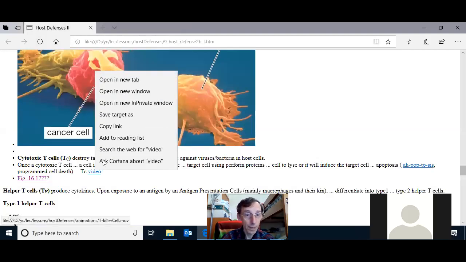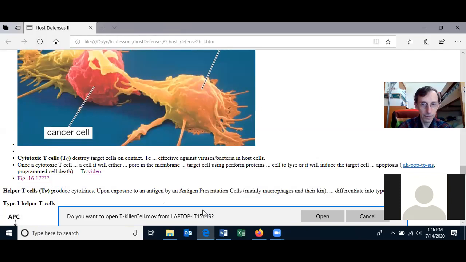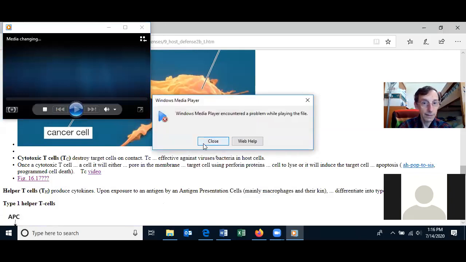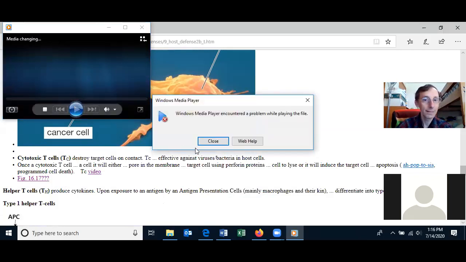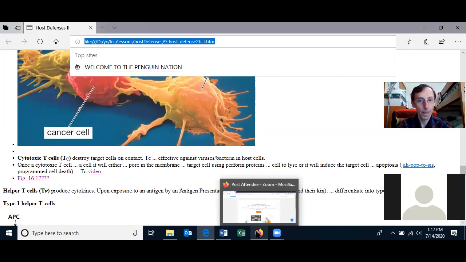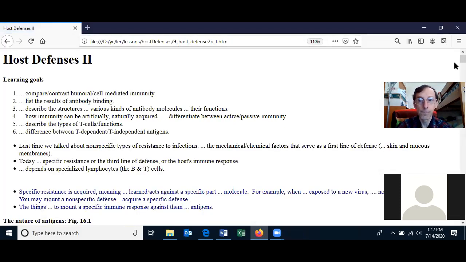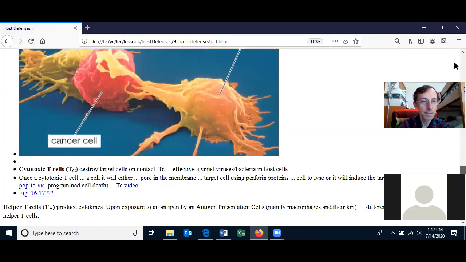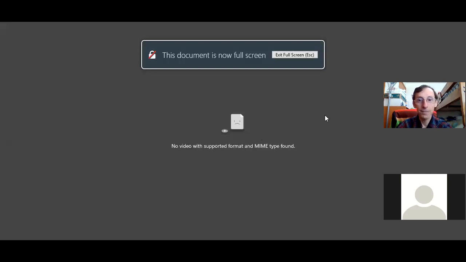Let's watch a little video of a cytotoxic T cell attacking a cell. Let's see if I can get that to work. Oh shoot, let's see if another browser can do that. This video is not going to do it either.